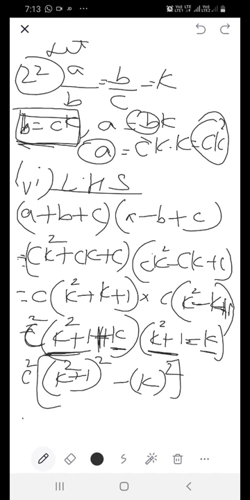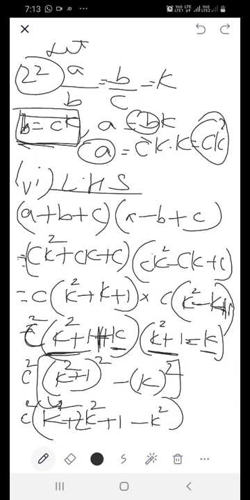What will you have? C square expanded by the formula A plus B whole square. It will be what? K square, K square square means K to the power 4, plus K square, twice AB, plus 1, minus K square.